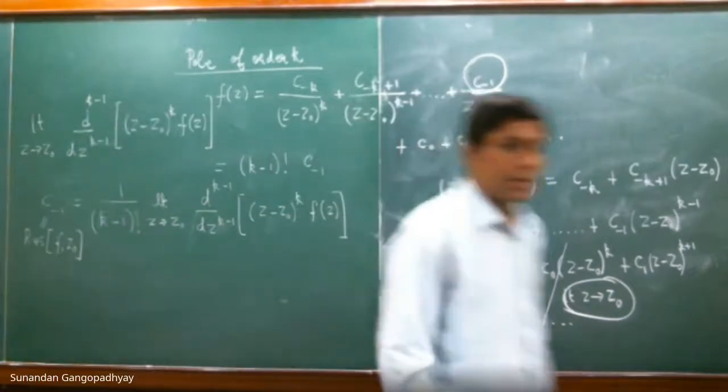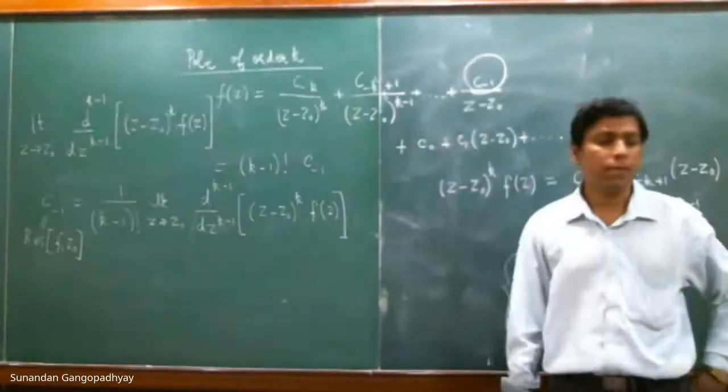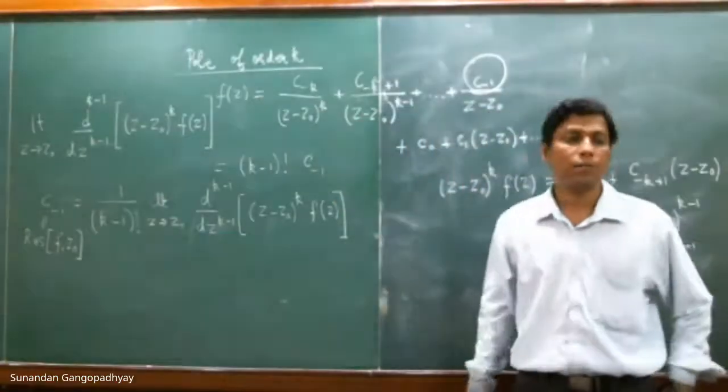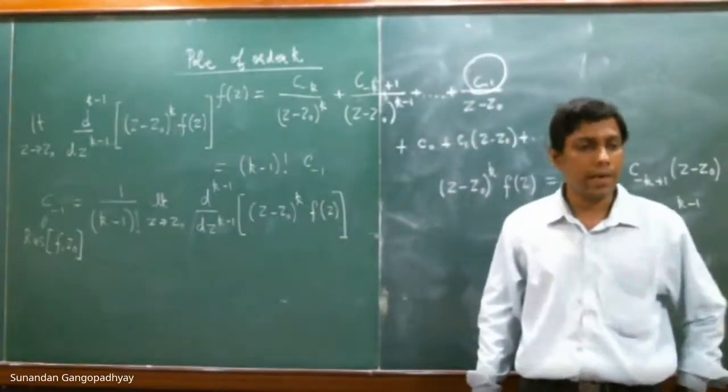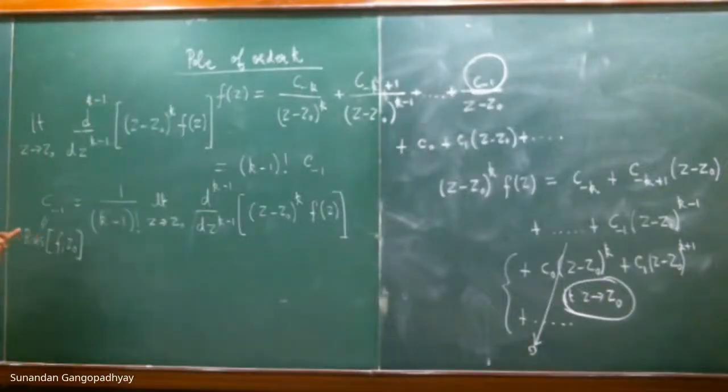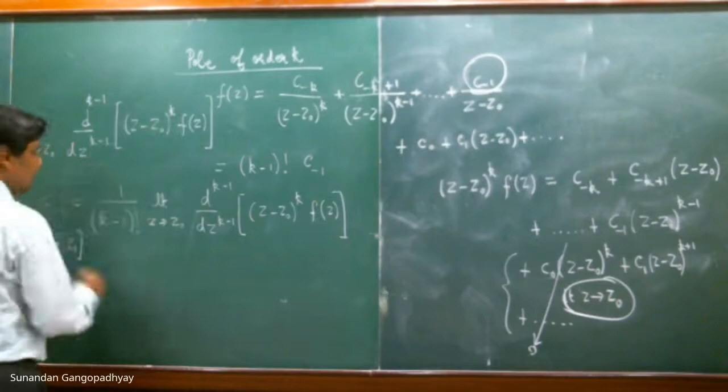By definition, c minus 1 is the residue of the function f at z naught, and this is the formula for calculating the residue of the function at z equal to z naught. And you can immediately check what happens if I set k equals 1. Let me set k equals 1.